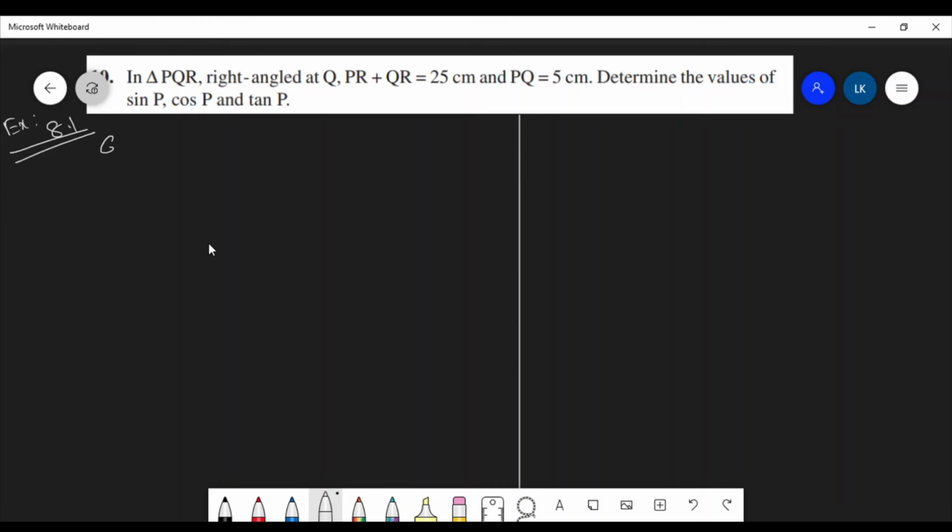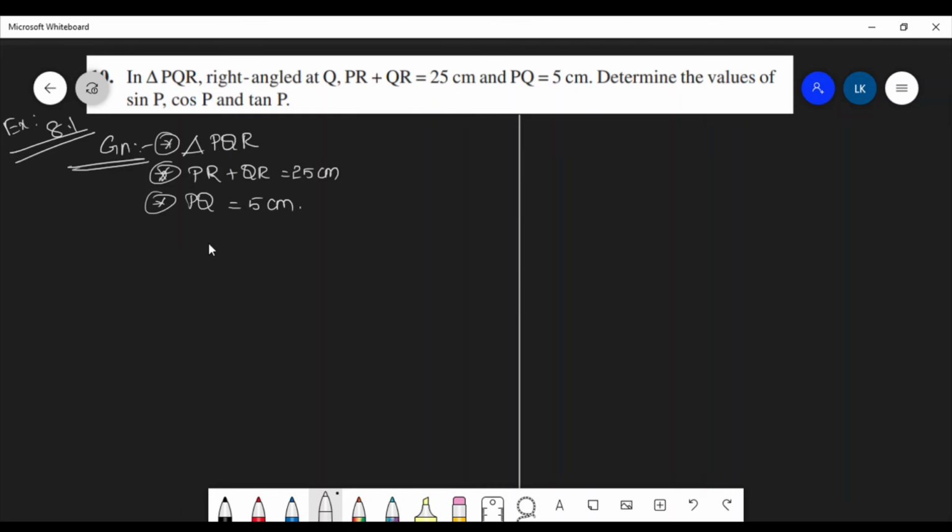What is given here? A right angled triangle PQR, and second one is PR plus QR is equal to 25 cm, and third point is PQ is equal to 5 cm.